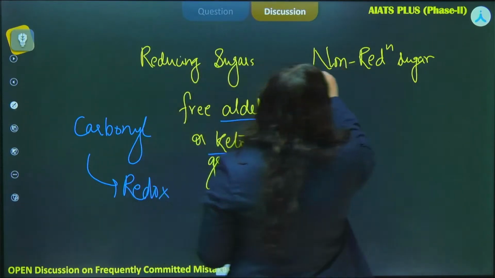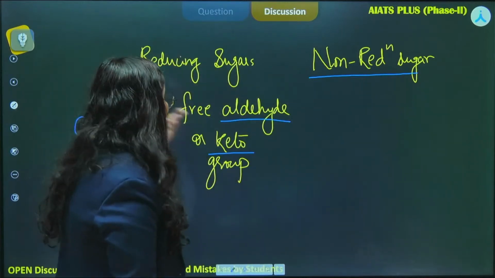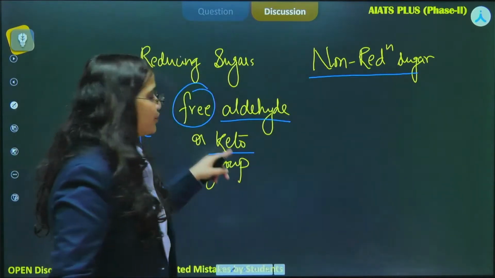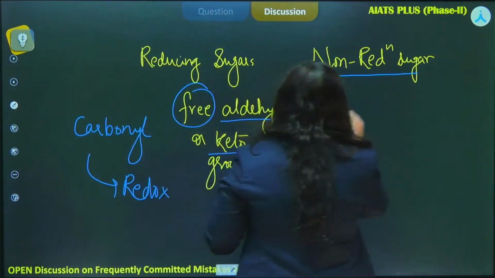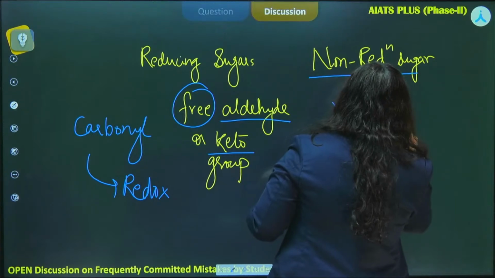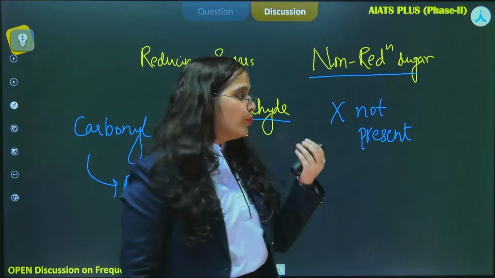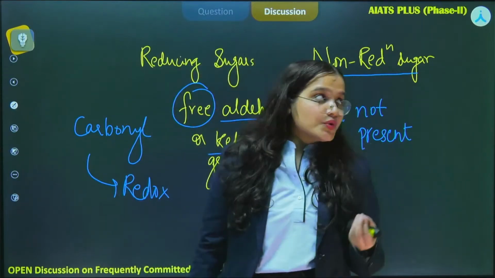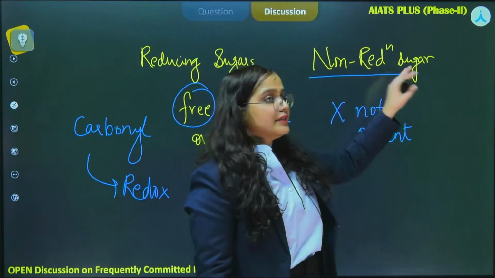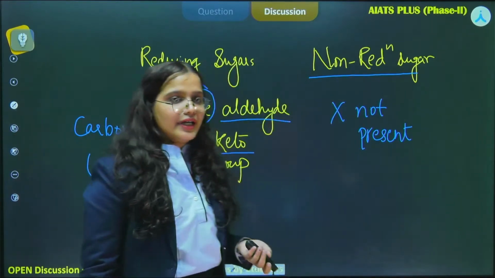Coming to non-reducing sugars, it's just the opposite, that free aldehyde or ketone group is not present. So these sugars do not have a carbonyl group or a group which can act as the reducing agent, and therefore these sugars act as the non-reducing sugars, all right.